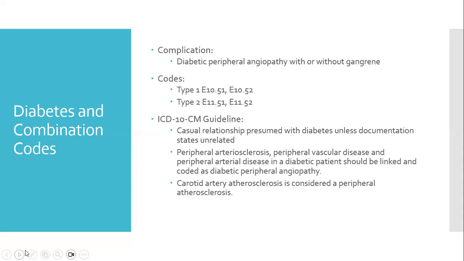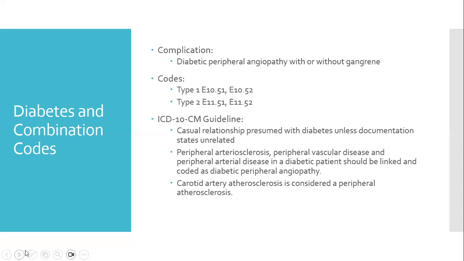Okay, so as you know already, we have the causal relationship. So, with peripheral arteriosclerosis, peripheral vascular disease, and other peripheral arterial diseases with a diabetic patient, they should be linked and coded as diabetic peripheral angiopathy. So, when you see these documented, you need to know that it is coded as peripheral angiopathy.